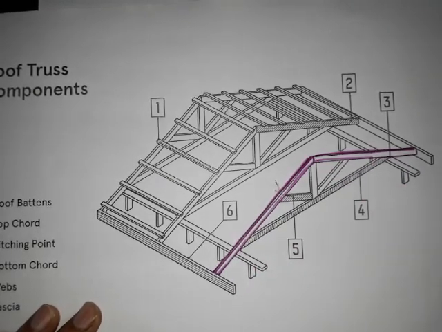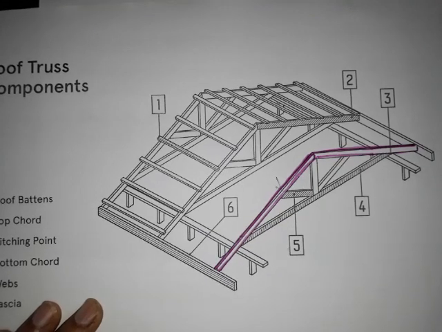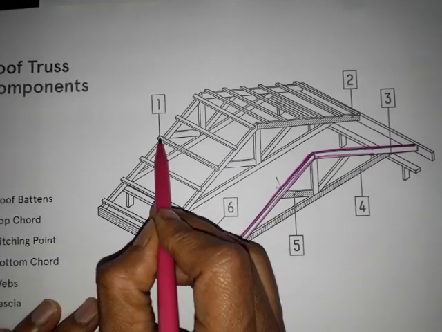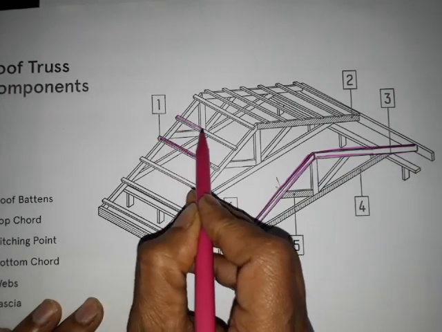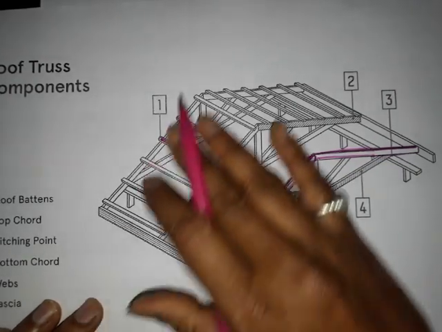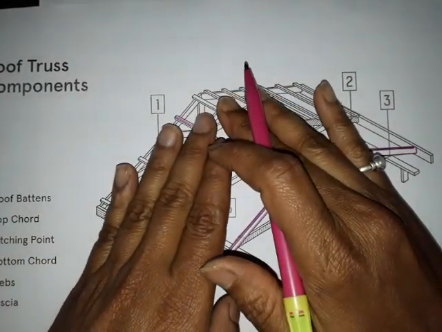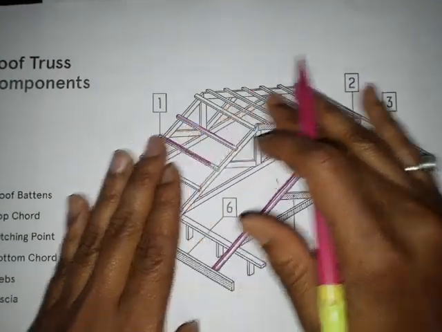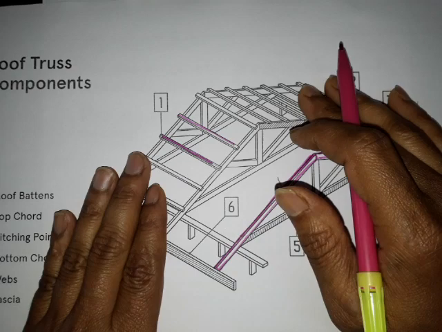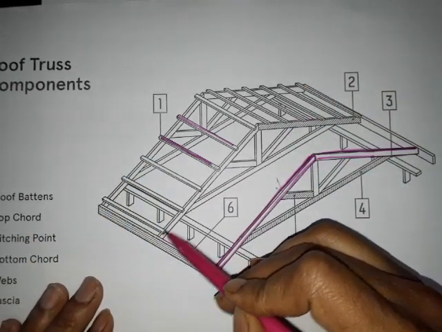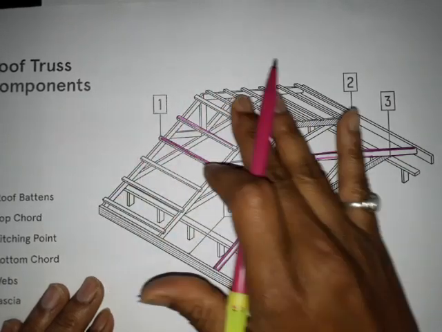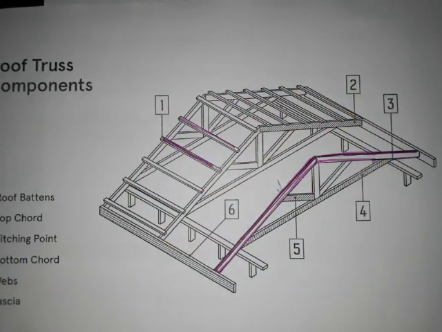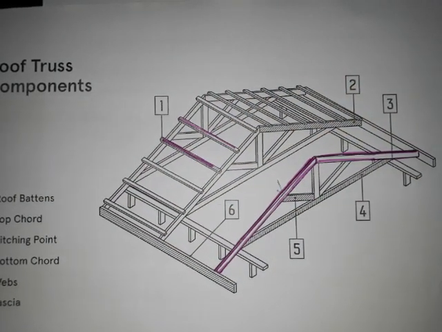That's why it is called a top chord, and it is used to support the purlins. These are the purlins. It is used to support the purlins and the roofing material or roof covering. So the top chord supports the purlin as well as the roof covering. So this is regarding the principal rafter.